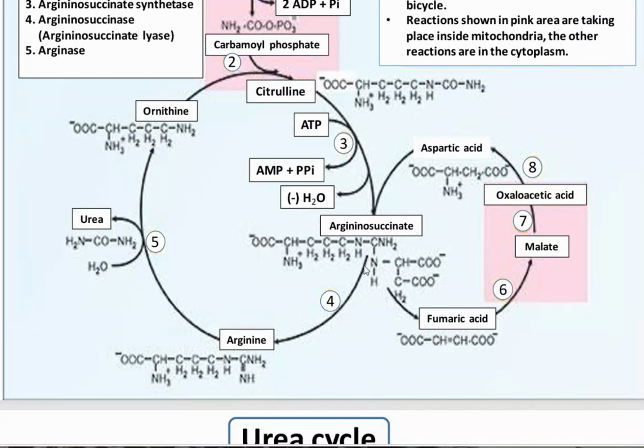Now argininosuccinate is converted to arginine and fumaric acid, with the help of the enzyme argininosuccinate lyase, because it breaks down the substrate, so it is a lyase enzyme. This fumaric acid goes to the TCA cycle, and aspartic acid is again formed, and in this way the cycle continues. Now arginine combines with the arginase enzyme to form urea and 1 molecule of ornithine. In this way the cycle continues.